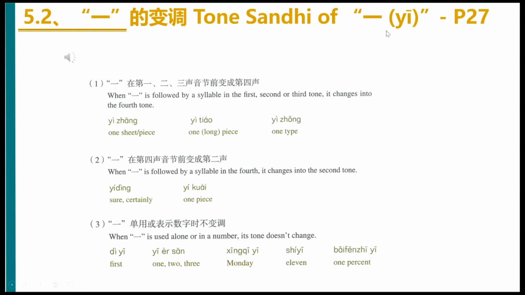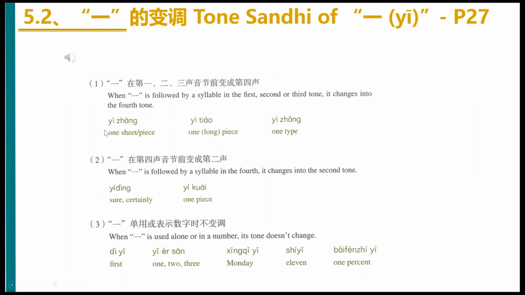The original sound of 一 is the first tone, so only when it is used alone or in a number, we use its first tone. When 一 is followed by a syllable in the first, second, or third tone, it changes into the fourth tone.